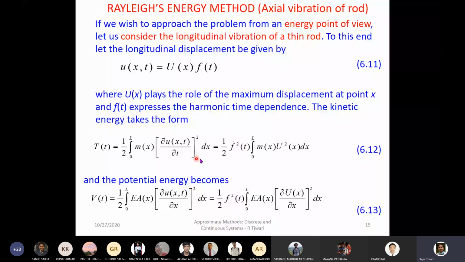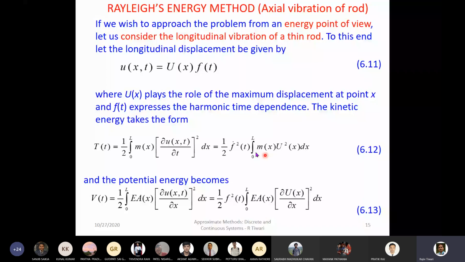If we substitute the solution, differentiation is with respect to time, so the f(t) function gets differentiated. Here f dot represents the time derivative of f, and because of the square, f dot square is there. Within the integral are all the terms containing x, so u(x) is inside the integral, but f(t) is not a function of x, so it has been taken out.